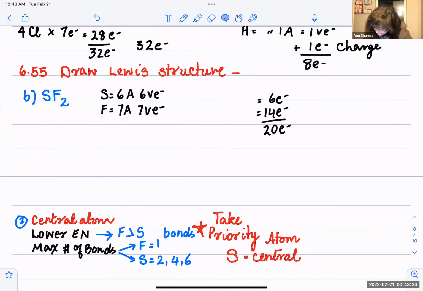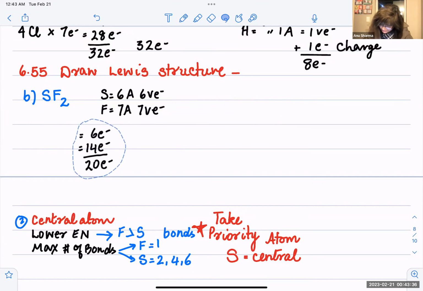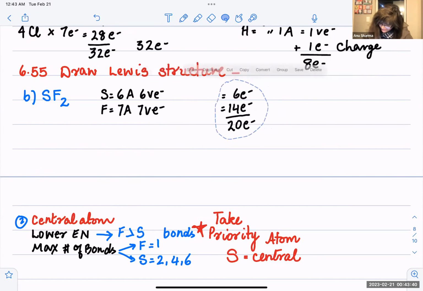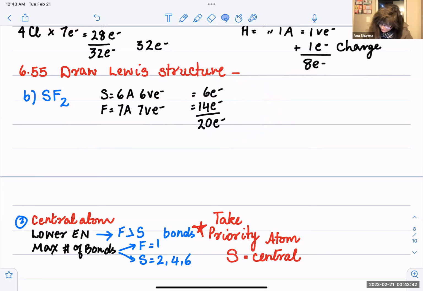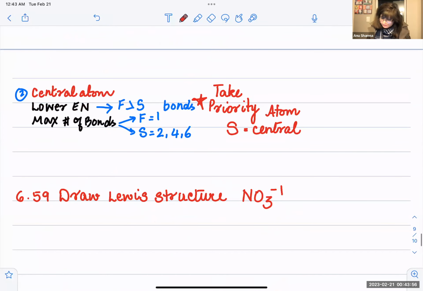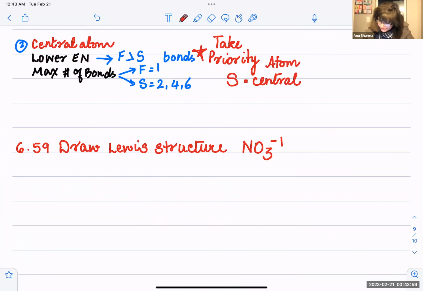So we have, just put it here, times 1, and this is times 2. All right. So total is total. Now we have to place sulfur in the middle.